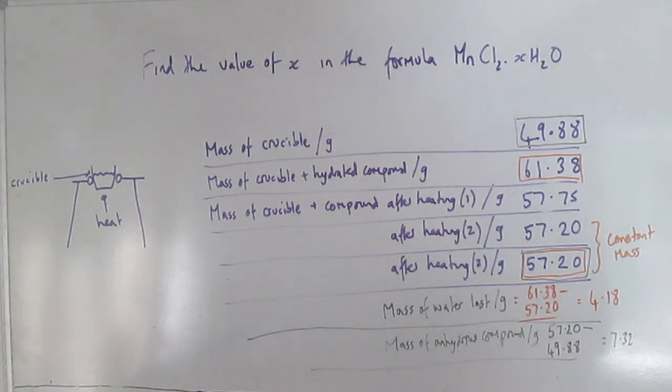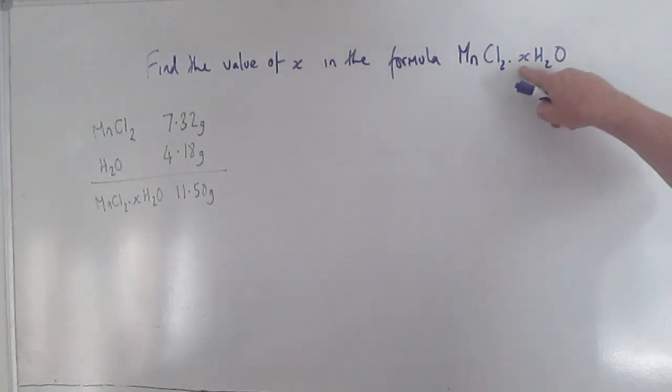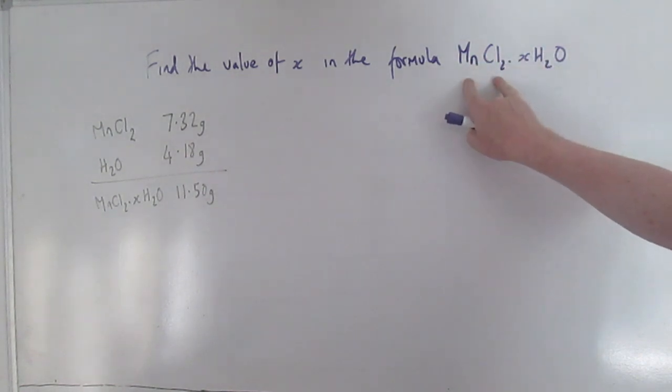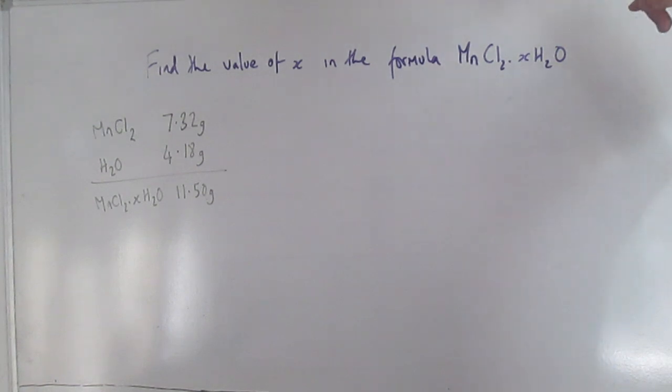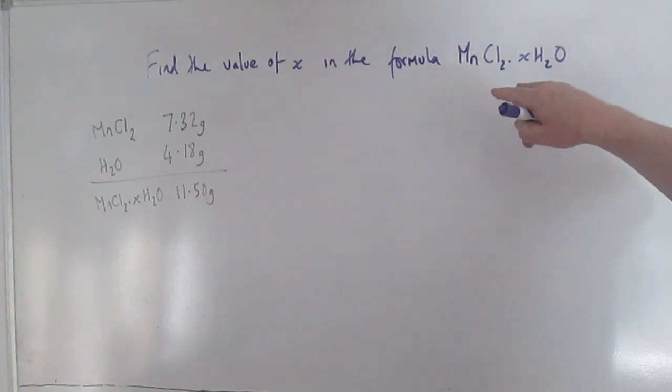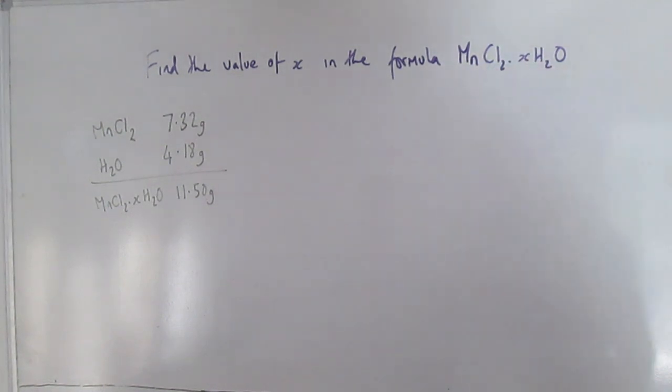Okay, so those are the two numbers that we're now going to use and carry through into the next part of the calculation. So these are the numbers we've got, and x is just the ratio of the number of moles of water to the number of moles of manganese chloride. So in other words, if there were 9 times as many moles of water as there are of manganese chloride, that number would be 9.